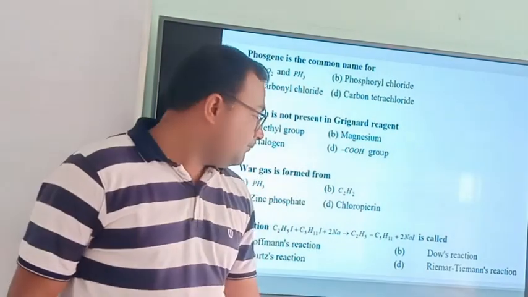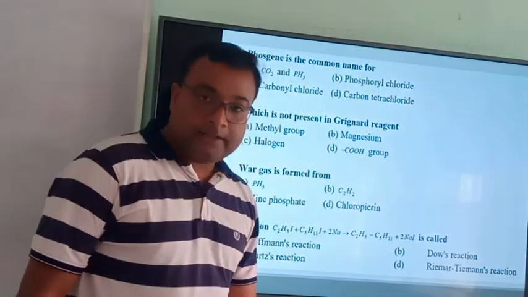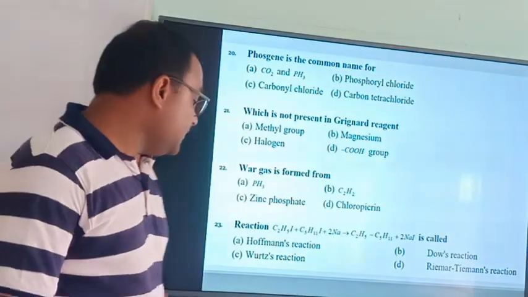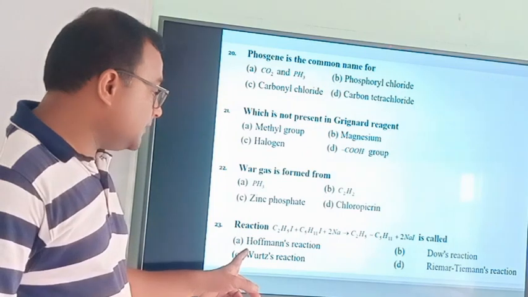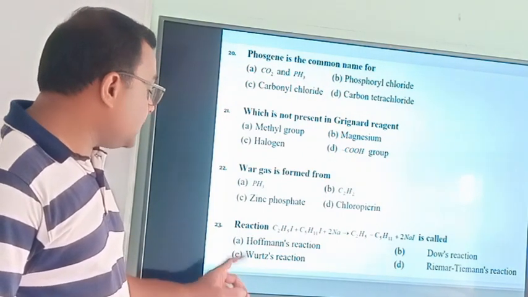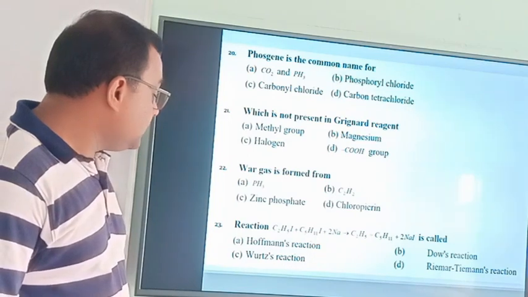A normal chain is formed with liberation of NaI. What type of reaction is this? It is already done. It is nothing but the Wurtz reaction. The correct option is option C.